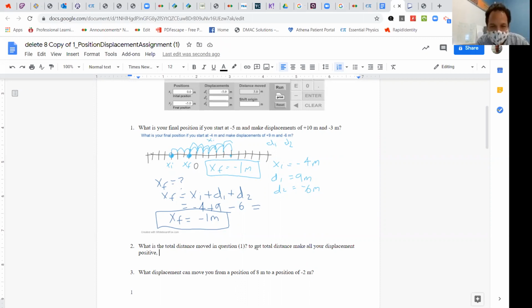Make all your displacements positive, then add them. So in this example, we had a 9 and a 6. So we're just going to add the distance equals 9 plus 6, which is equal to 15. So that's for my example. That's not the right answer.